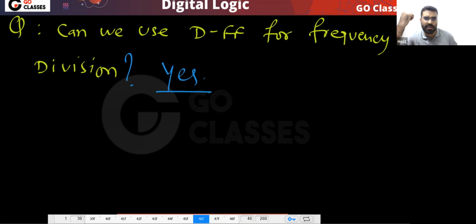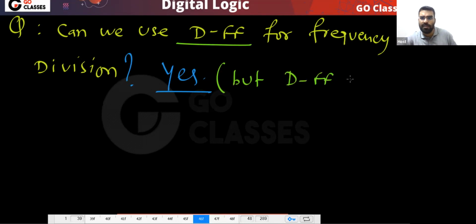But if you notice one thing, we can use this D flip-flop for frequency division, but we will use it as a T. It will be used as a toggle flip-flop.